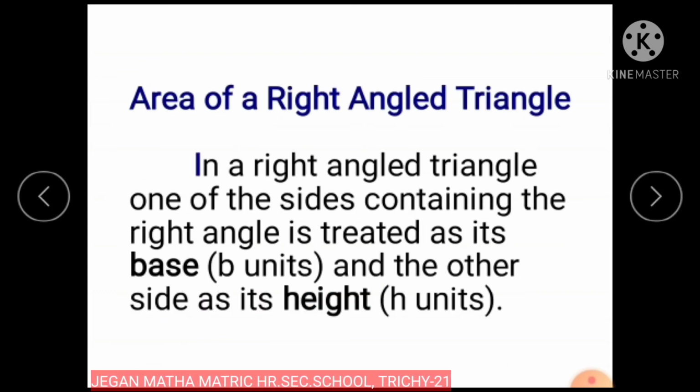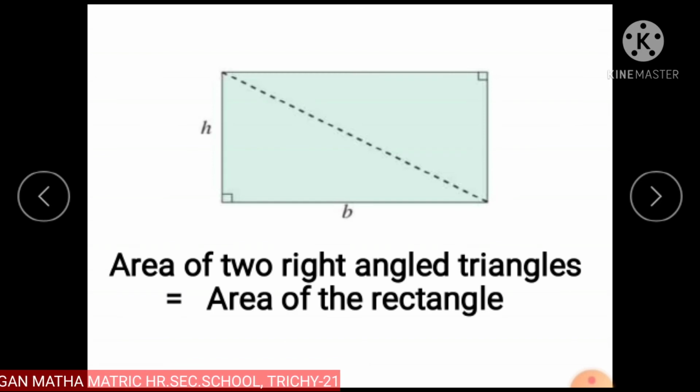Area of a right angle triangle. If in a right angle triangle, one of the sides containing the right angle is treated as base B units and the other side as height H units. So, when the rectangular sheet is cut along its diagonal, two right angle triangles are obtained.